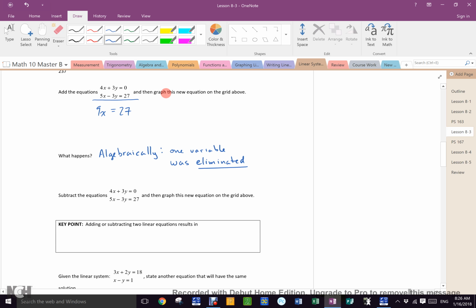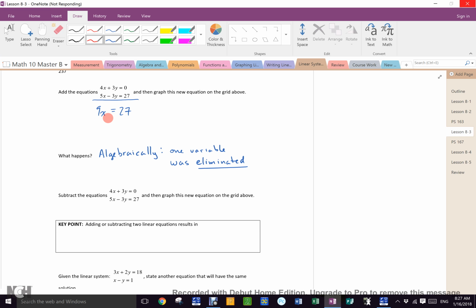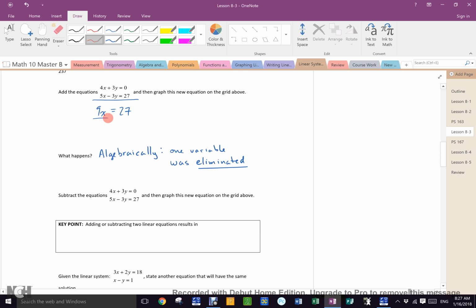All right. Now, I also said to graph this equation on the grid, right? So let's graph this. Because it only has one variable, it can't be a diagonal, right? It's got no y values. So I would divide both sides by 9, and I would end up with x equals 3, right?